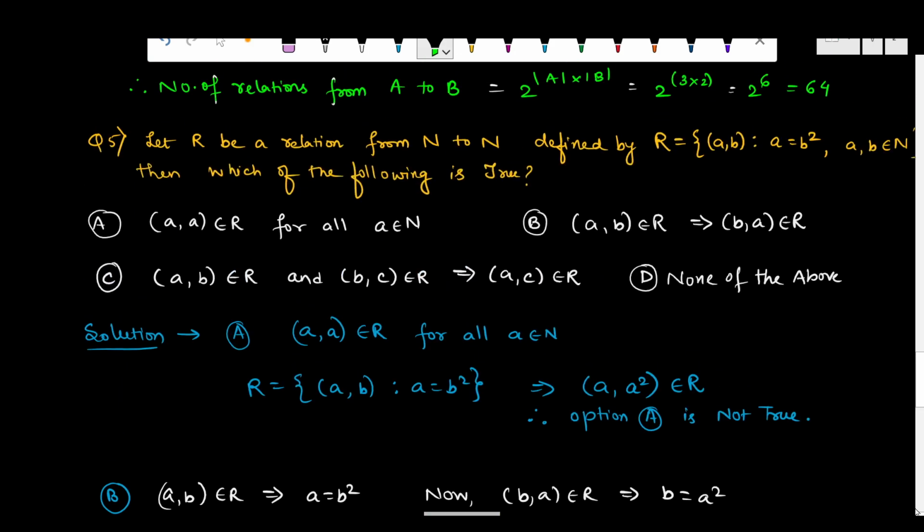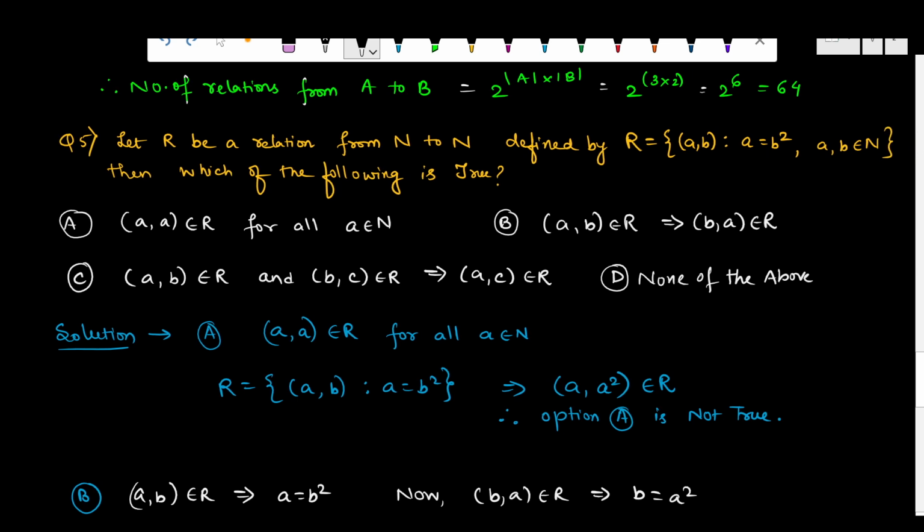Next, question number 5. Let R be a relation from the set of natural numbers to the set of natural numbers itself, defined by R equals {(a, b)} such that a equals b square.